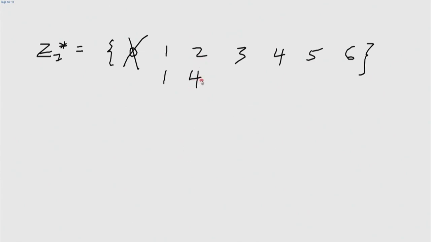It is actually 8, but reduced modulo 7, it's 1. Likewise, the inverse of 4 is 2. They have to be inverses of each other. The inverse of 3, is it 3? No. Is it 5? Yes. 3 fives are 15, which is 1 modulo 7. Likewise, here 3. And by mistake, I put 1 over here. 6 multiplied by what gives me 1? 6 multiplied by 6 is 36, which is 1. So the inverse of 6 is not 1, but it's 6. The inverse of 1 is 1.